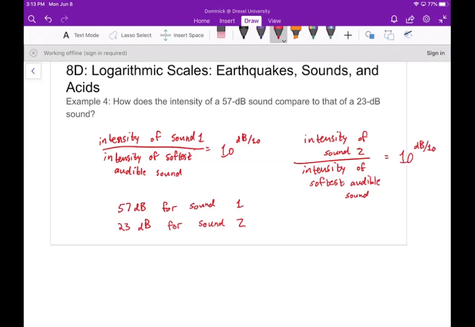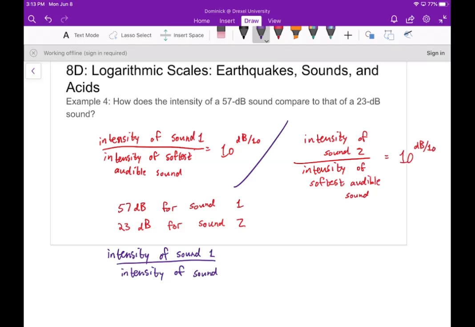And if I divide these two equations, what I'm going to be left with is the intensity of sound 1 over the intensity of sound 2, right?